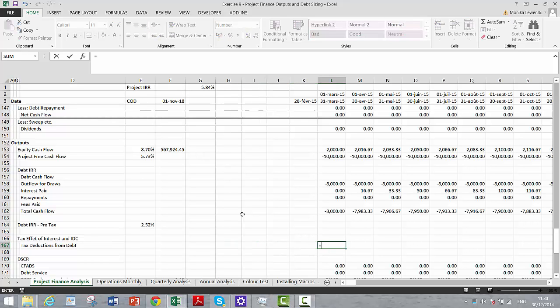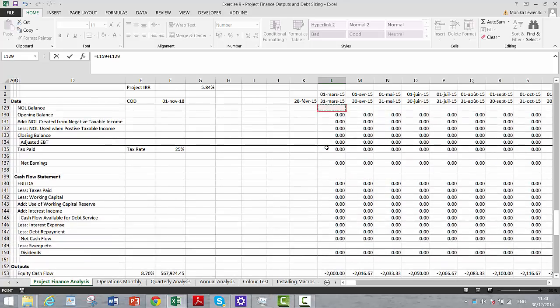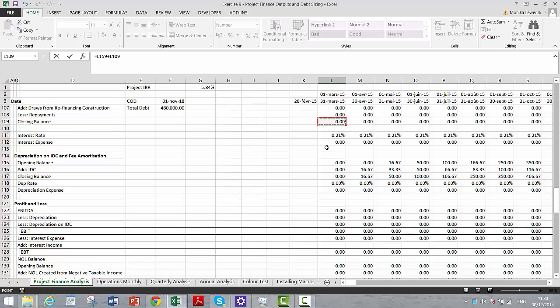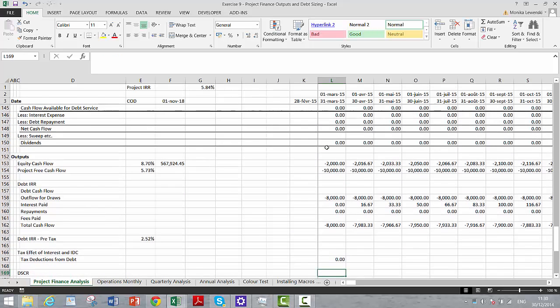The first thing they include is the interest, but in addition to that, it includes the depreciation that we take on the interest during construction. That's something that we wouldn't have had if we didn't have debt.